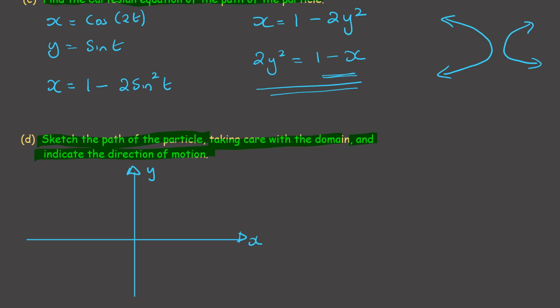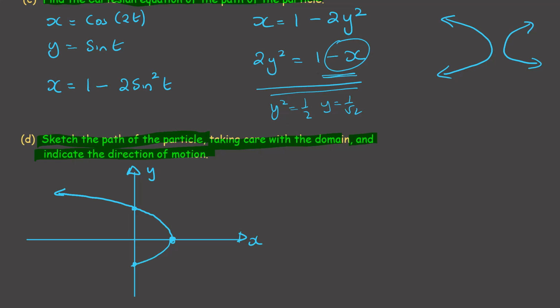So x is 1, y is 0, means we'd have the vertex of the curve just there. What about x being 0? That would give us y squared equals a half, so y is going to be equal to plus or minus 1 over root 2. So it's going to go here and here. And we can see, because this is a minus x, that the parabola must extend in this direction like this.